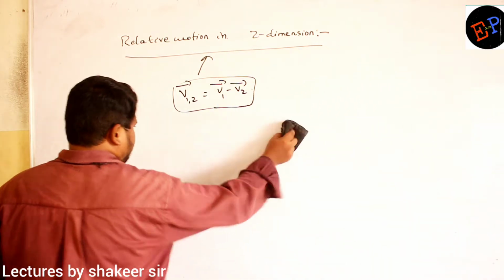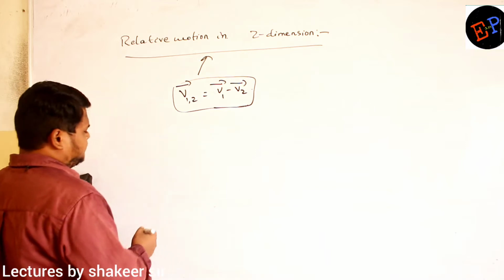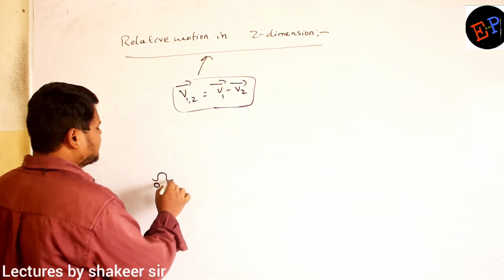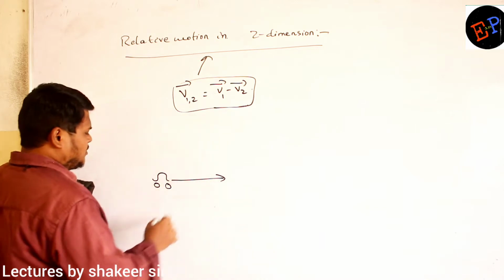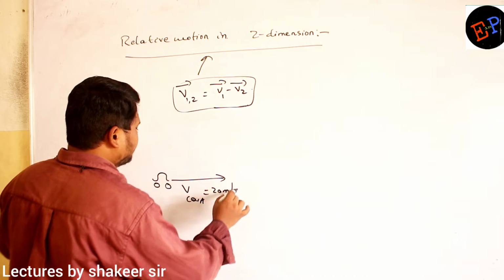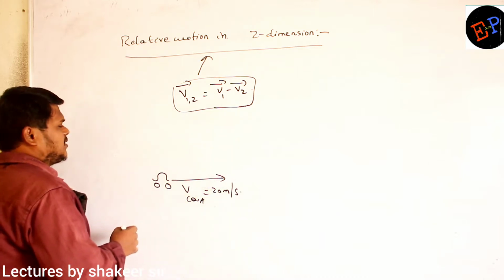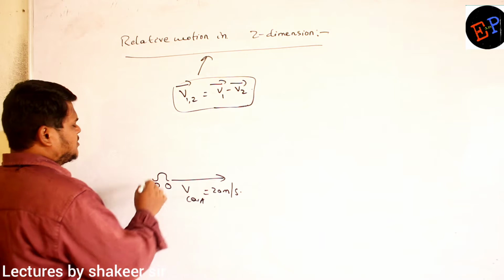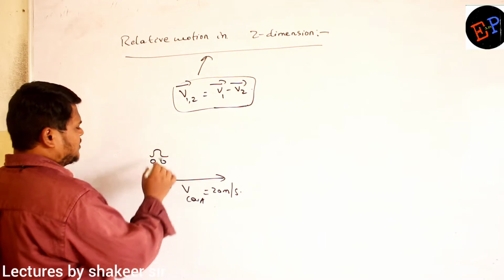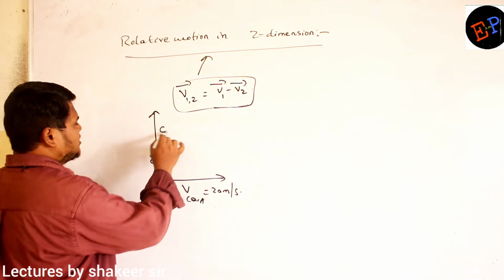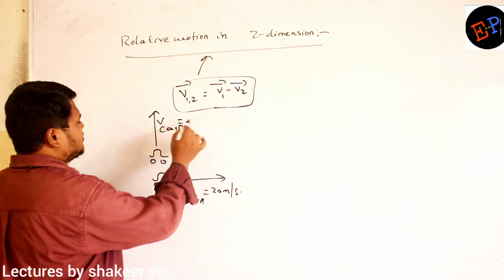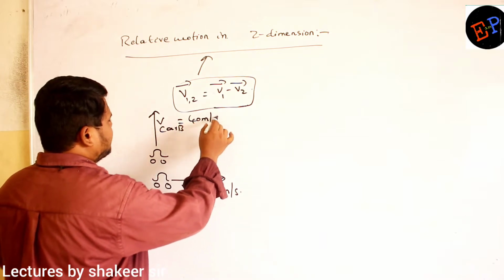For example, consider there is one car moving in this direction with a velocity of 20 meters per second. And consider there is one more car, car B, moving in this direction with a velocity of 40 meters per second.